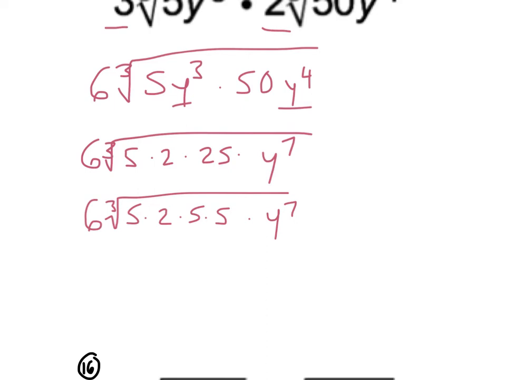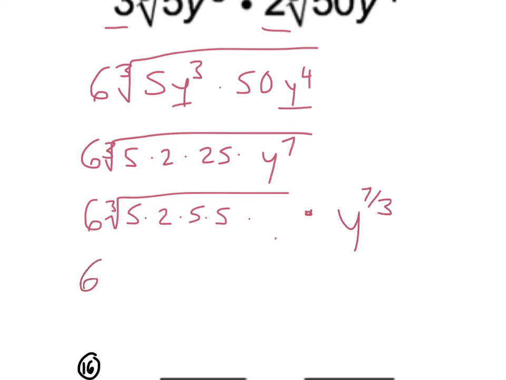And this y, I'm going to rewrite on the side. So I'm going to take it out from under the radical and make it a y to the 7 over 3. So remember, our index goes on the bottom of the fraction. So instead of writing 7 y's again, I'm just going to do it the shorter way.